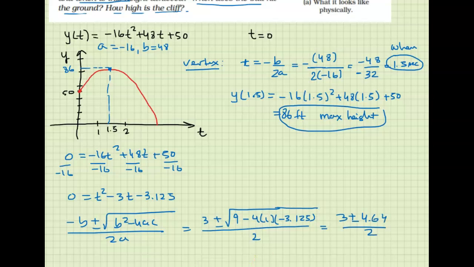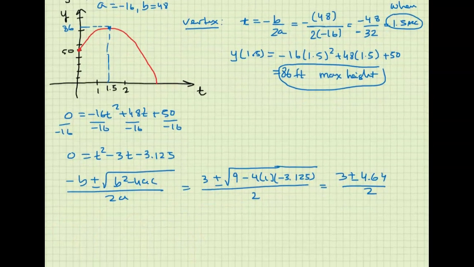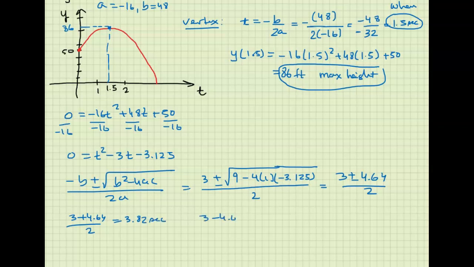Okay. So 3 plus 4.64 divided by 2 is 3.82 seconds, and 3 minus 4.64 divided by 2 is negative 0.82 seconds.